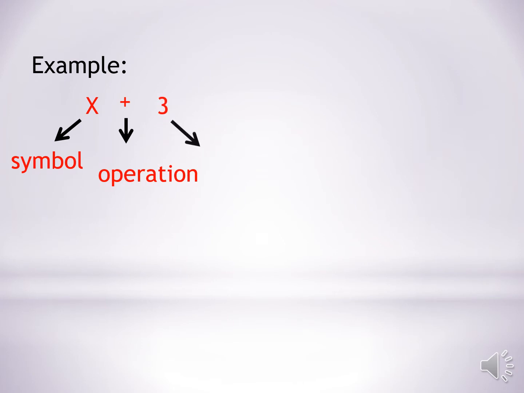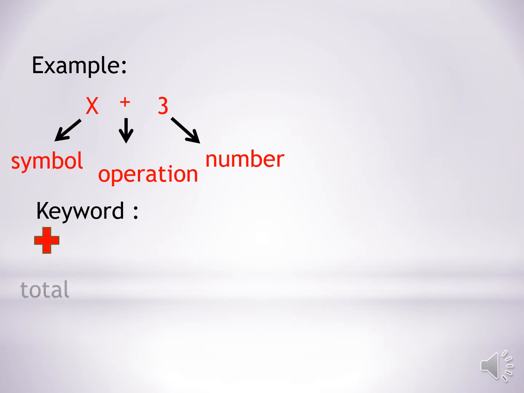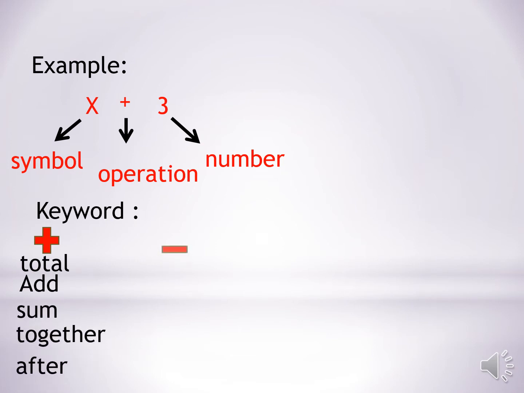For example, X, this is the symbol, plus, this is the operation, and 3, this is the number. So we call this a mathematical expression. We have some keywords to know. The keywords for plus: total, add, sum, together, after.